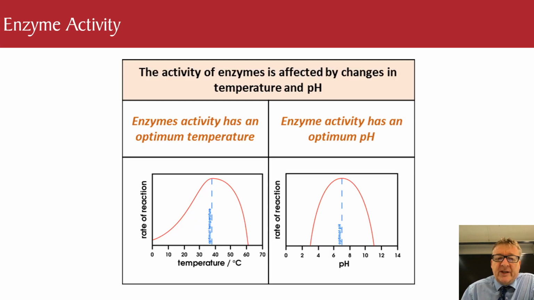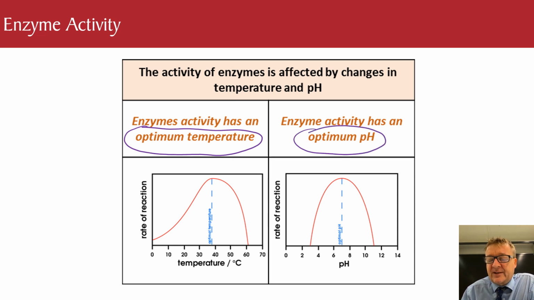So what I'm going to talk about here is enzyme activity. Now all enzymes have an optimum temperature and an optimum pH. That means the best that they can work at. This graph at the bottom left here is all about temperature. What you'll find is that peak there is probably at 37 degrees C, which is standard body temperature.